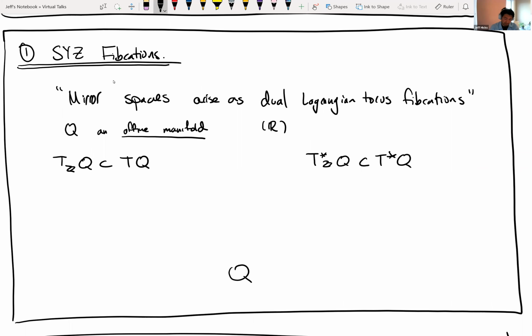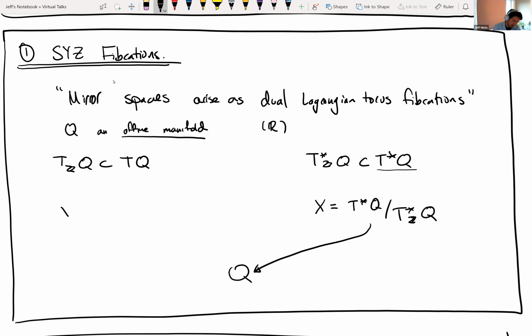And one of the things that you know from symplectic geometry is that this cotangent bundle carries a natural symplectic form, and it descends to the quotient. So if I look at the space T*Q mod T*_Z Q, that's a symplectic space with torus fibers, which are given by the cotangent fibers which have been periodized, and it fibers over Q. And that's a Lagrangian torus fibration.